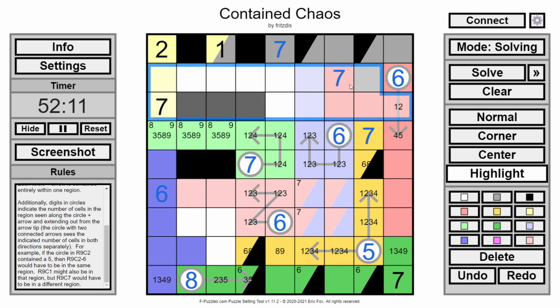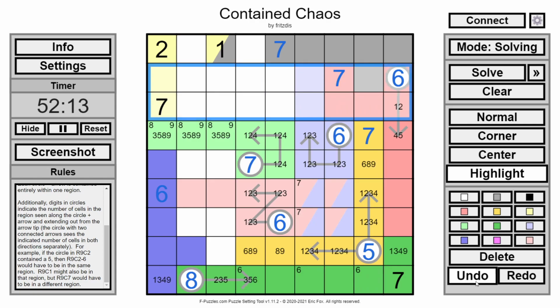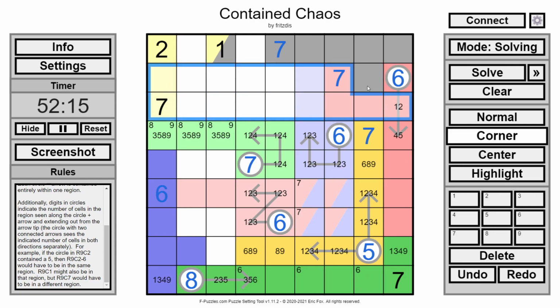So in rows 1, 2, and 3, we have one 6 in each row. That means we have 3 6s in total. We can't have any more 6s up here, right? We have 3 6s in total because we have 3 rows. Sorry, I was convincing myself, not explaining to you.